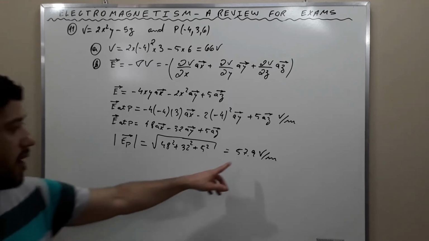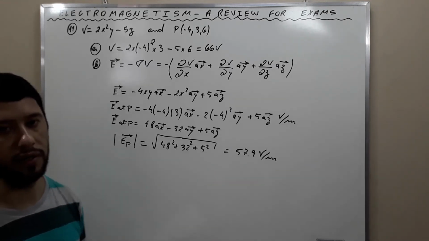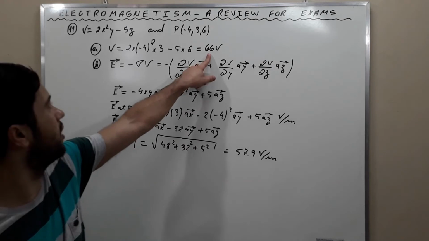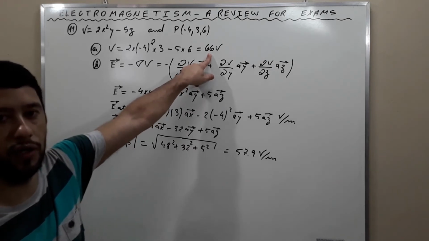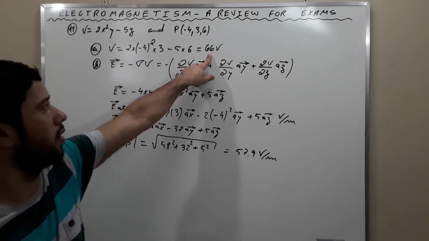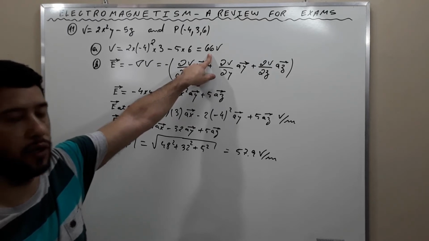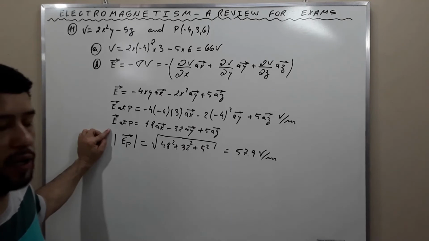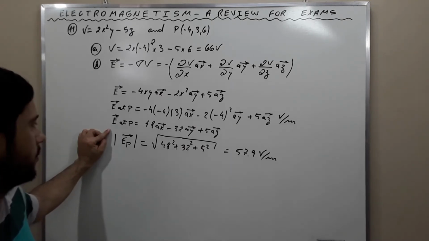And now we want to calculate the direction of the electric field. Observe that the potential is merely a scalar, but the electric field is a vector.